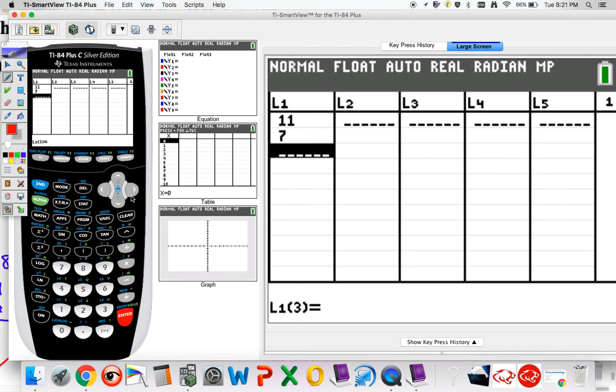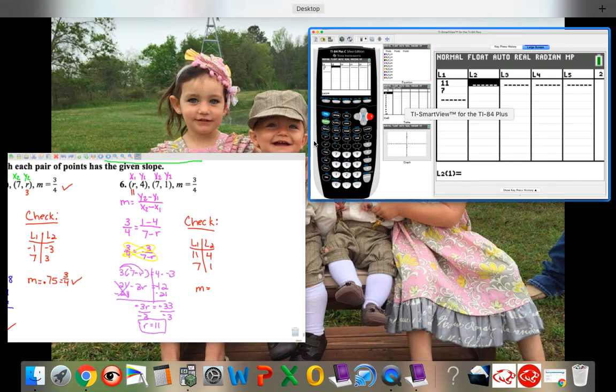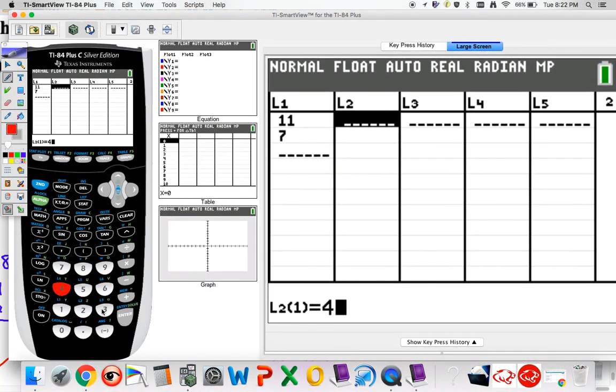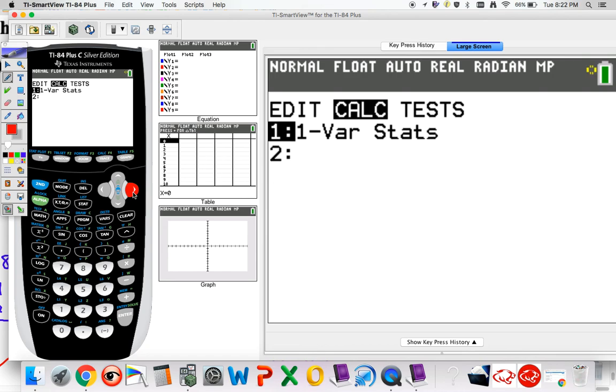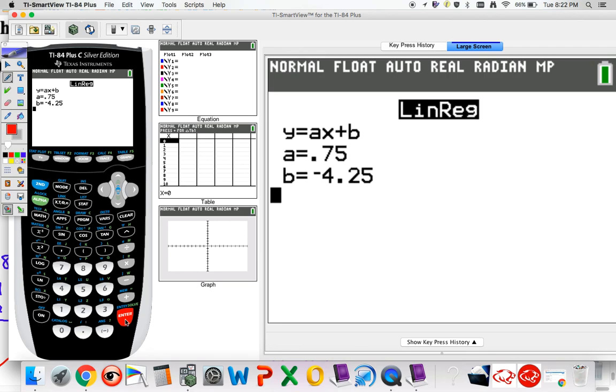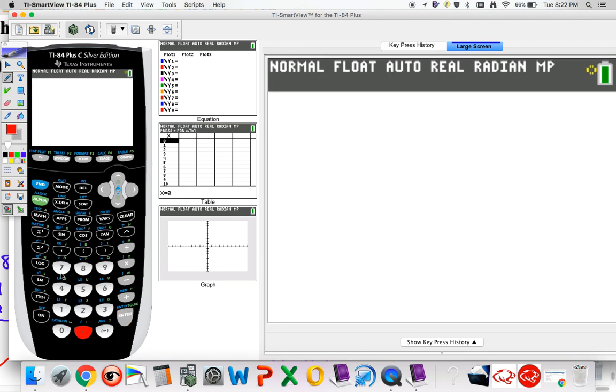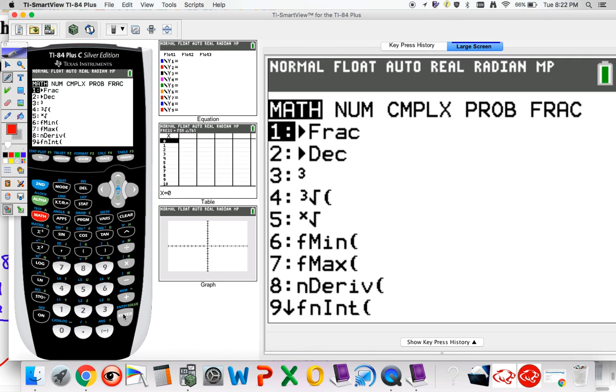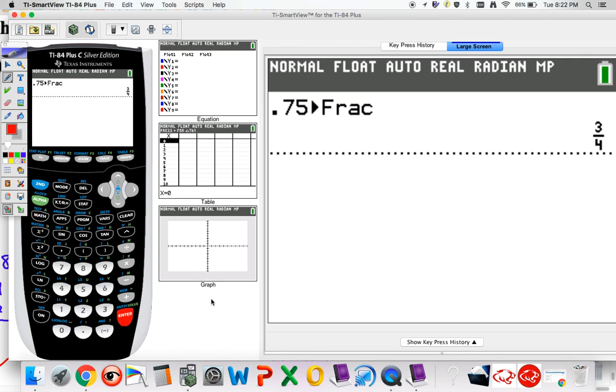And in my L2, I have 4 and 1. So we're going to go stat, calc, 4, enter, enter, enter, enter, enter. And it gives us 0.75. And again, if you're not sure what that is as a fraction, 0.75, math, enter, enter, will give you 3/4.